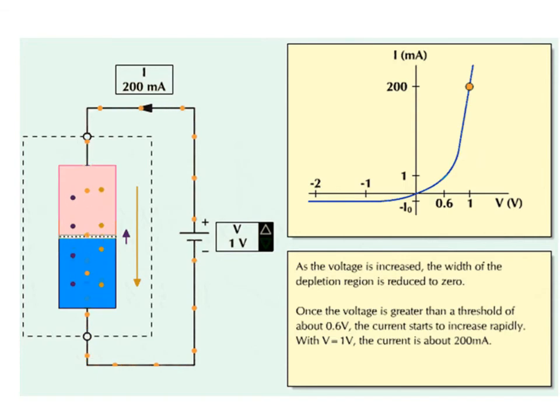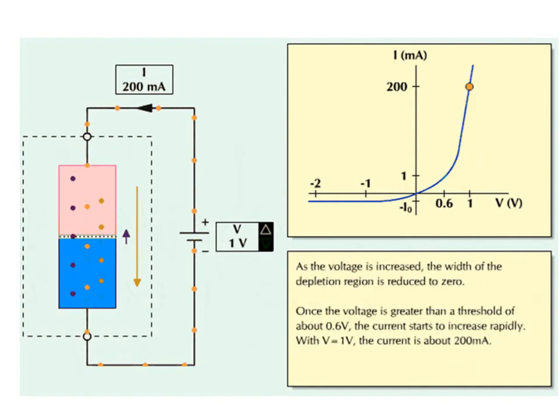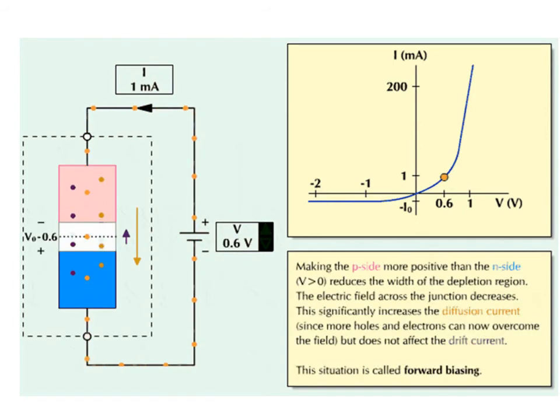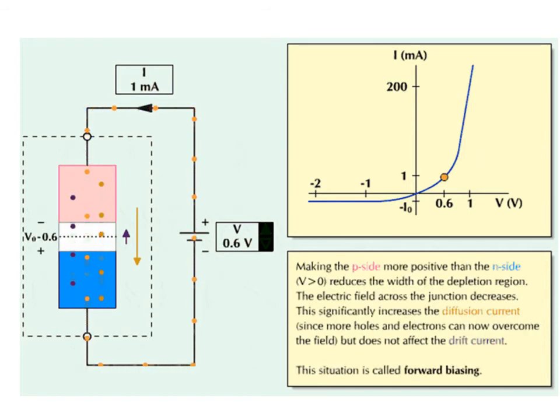In this case, on the left hand side, this is drawn for two different values of the battery potential, 0.6 volt and 1 volt, and correspondingly on the right side you have a graph which is actually the VI characteristics, and the current corresponding to 0.6 volt and 1 volt is shown using an orange dot.